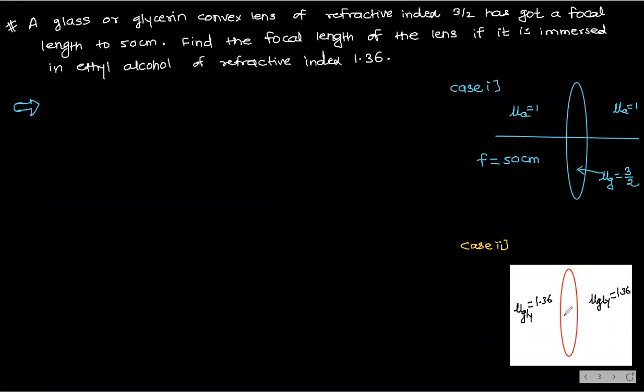As it is, कितना रहेगा? 3/2, mu of glass, इसका अंदर का. And now he is asking you focal length is equal to how much in the second case. So अगर मैं इसको f1 मानता हूँ तो इसे मैं f2 is equal to how much he is asking.